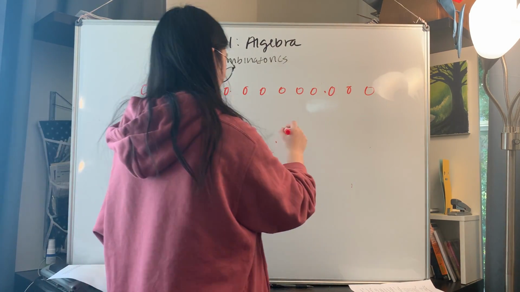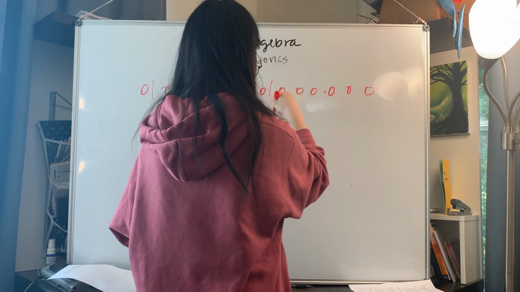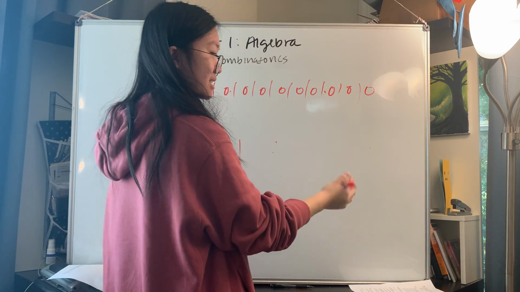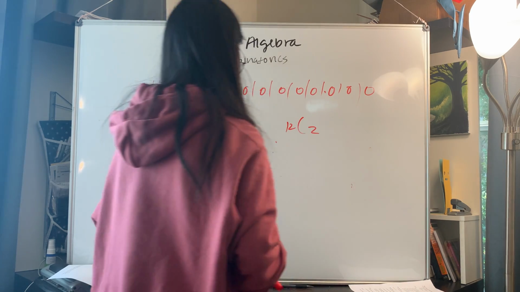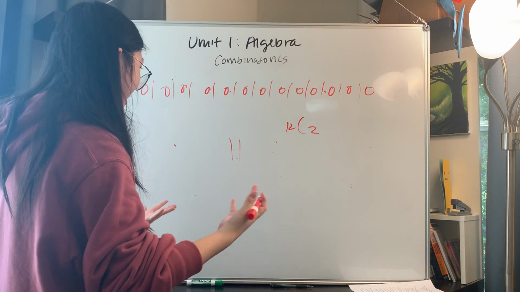So the problem should be straightforward like the one we did before. Well, we would just have 1, 2, 3, 4, 5, 6, 7, 8, 9, 10, 11, 12. So we have 12 gaps. And then we want to choose 2 of those gaps to put our sticks in. And we're going to see how many total ways there are to do that.